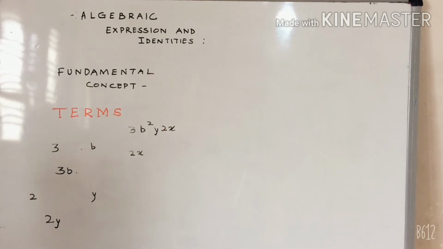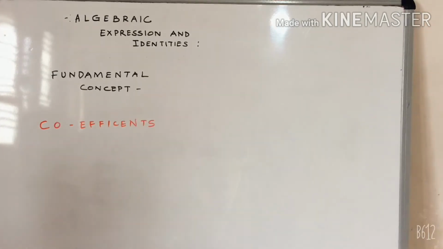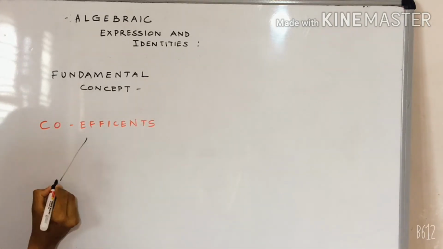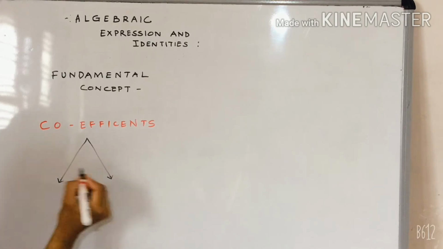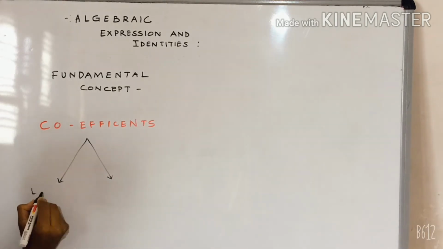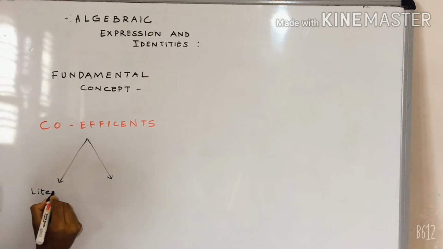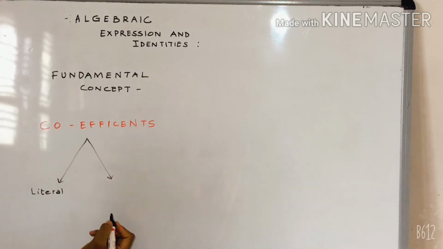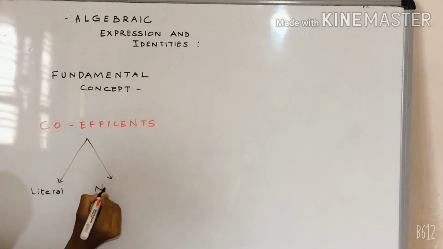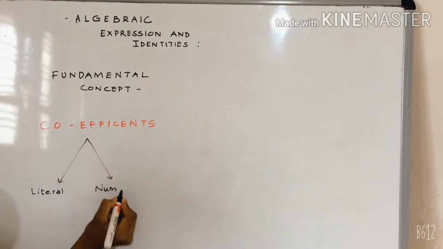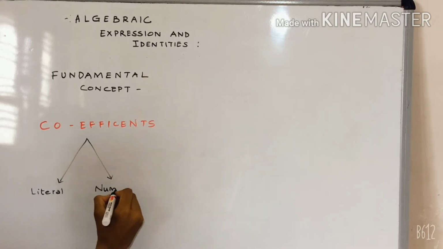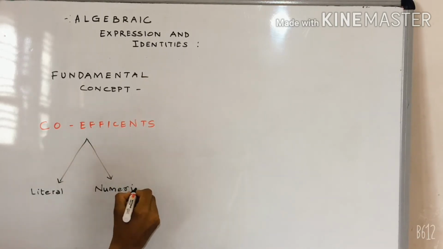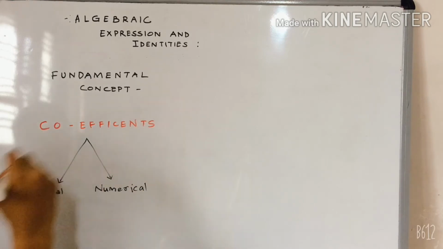So let's learn about coefficients. Coefficients are of two types: literal coefficient and numerical coefficient.